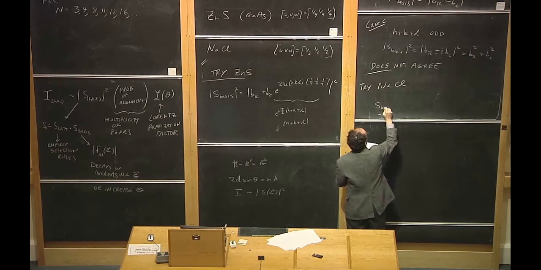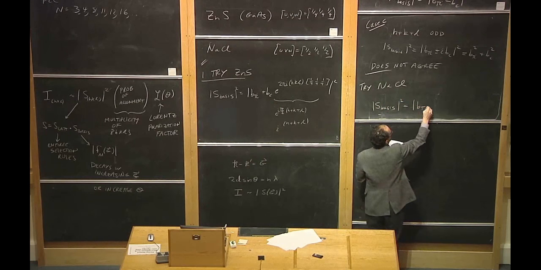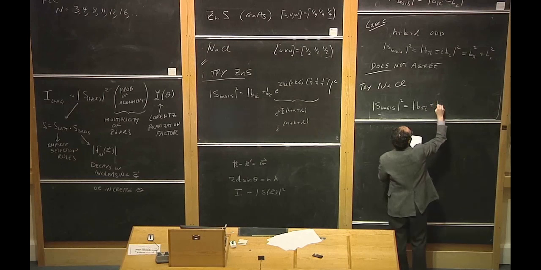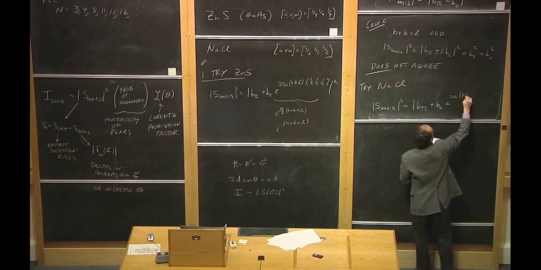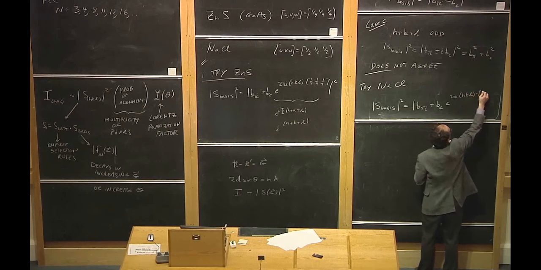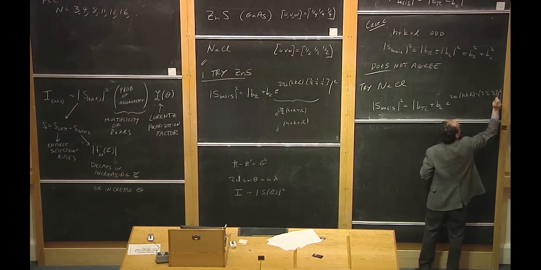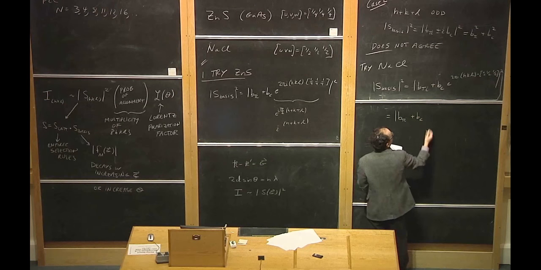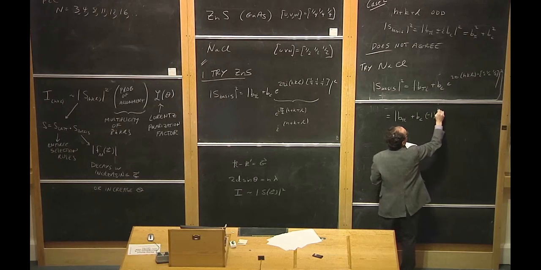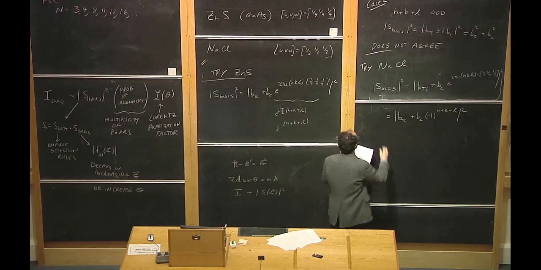So S basis squared is then B titanium plus B carbon times e to the 2 pi i HKL dotted into 1/2, 1/2, 1/2, and then all squared. And that we can rewrite as B titanium plus B carbon times (minus 1) to the H plus K plus L, all squared. So there's two cases we can have.